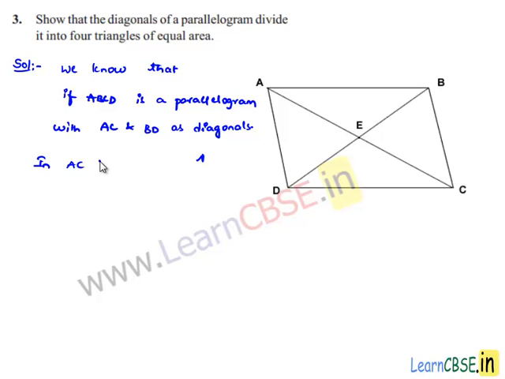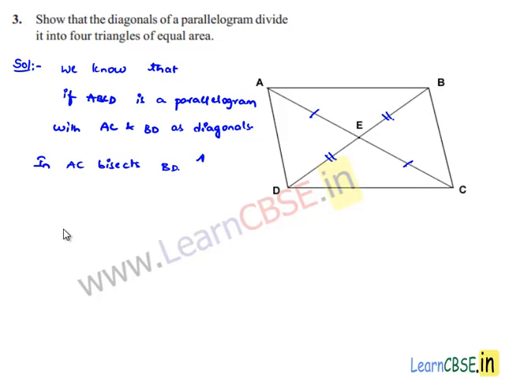Therefore AC is bisecting BD and BD also bisects AC. Therefore AE will be equal to EC since BD bisects AC, and ED will be equal to EB since AC bisects the diagonal BD.